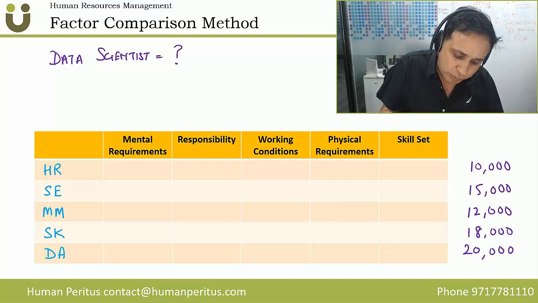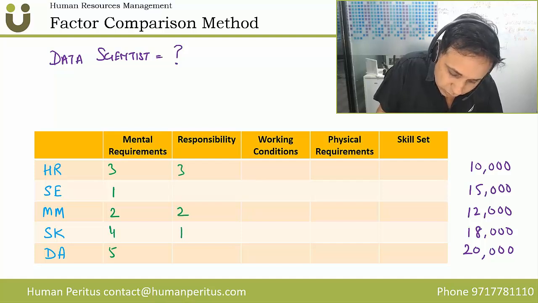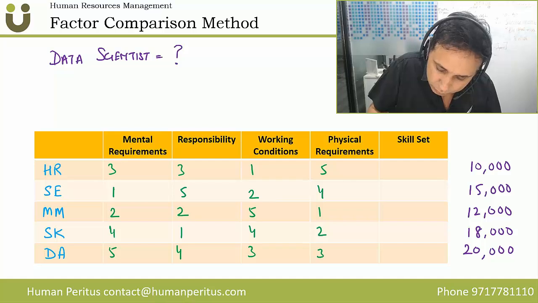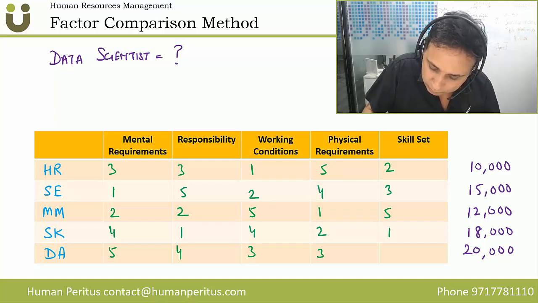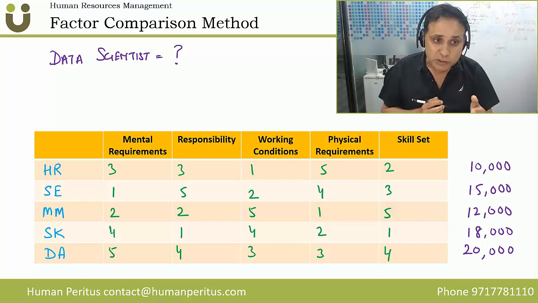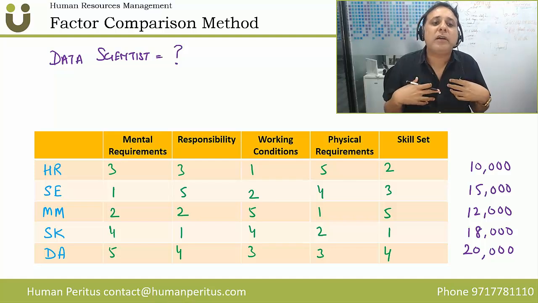So let us suppose this ranking is 1, 2, 3, 4, 5, then 5, 4, 1, 2, 3, and maybe 2, 3, 5, 1, 4. So I have ranked each of these factors individually based on whatever I know, whatever I understand.